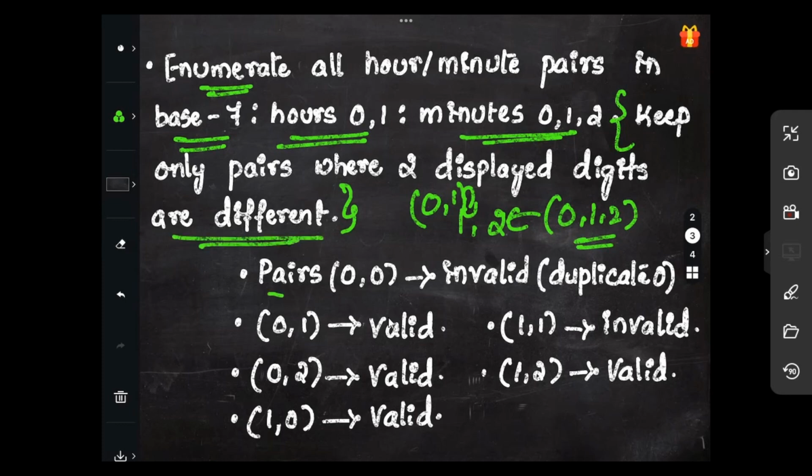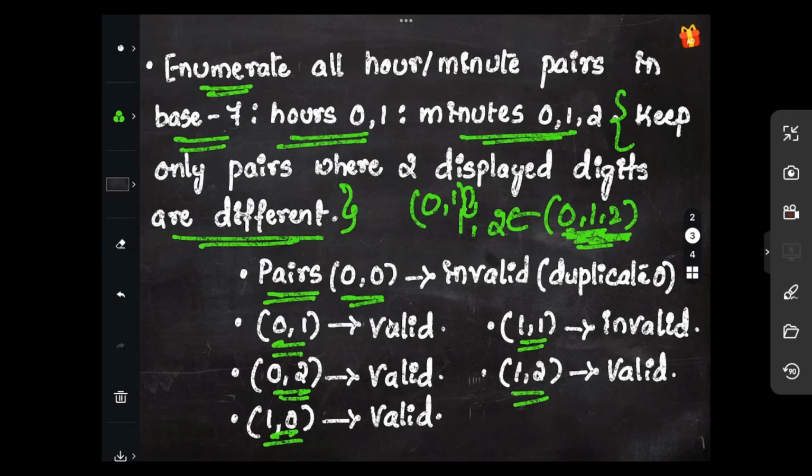It's similar to intervals basically. So the pairs we are going with are 0 comma 0, 0 comma 1, 0 comma 2, 1 comma 0, 1 comma 1 and 1 comma 2, right?